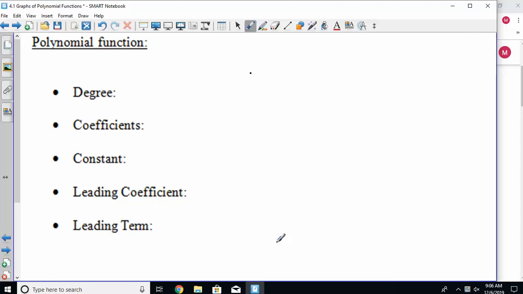Easy peasy. Lemon squeezy. Okay, so we are starting to talk about polynomials now. In general, a polynomial, we've had this definition, it looks kind of ugly, but really all a polynomial is is when you're adding or subtracting powers of x.